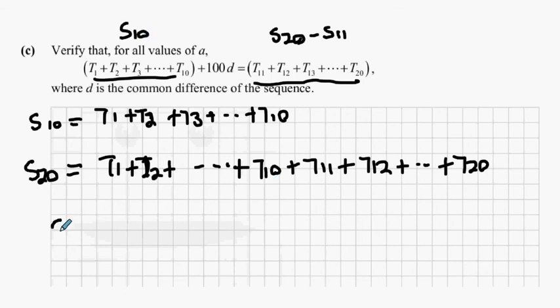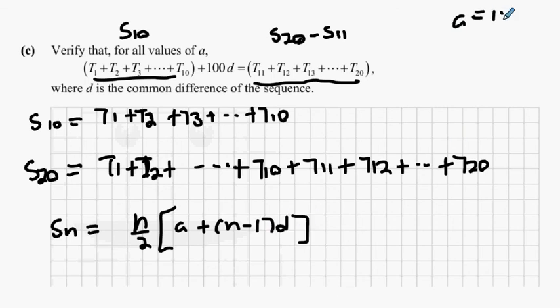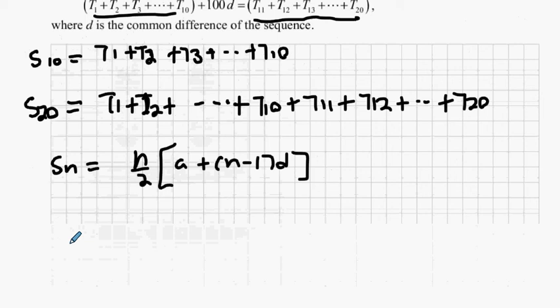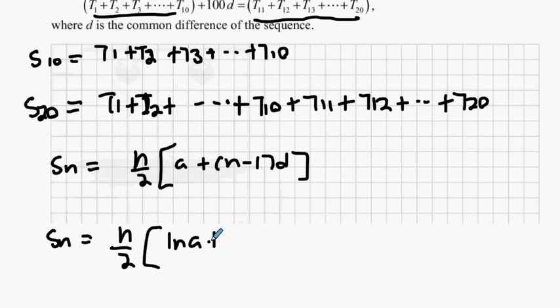So Sn is n over 2 into a plus n minus 1 times d. A is still ln a, d is still ln a. So Sn equals n over 2 into ln a plus n minus 1 times ln a.